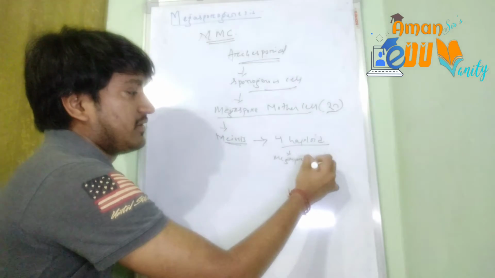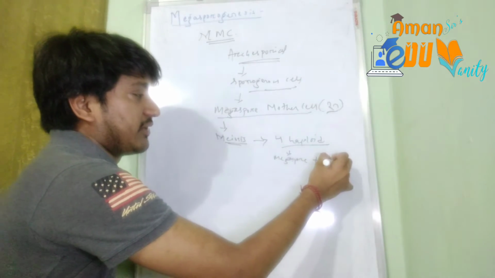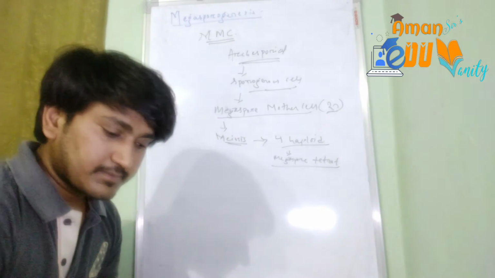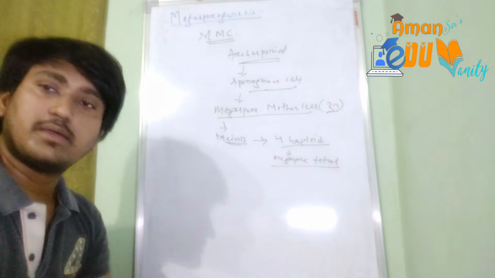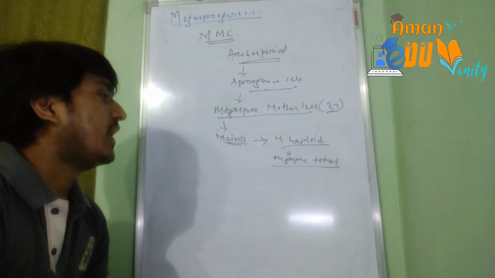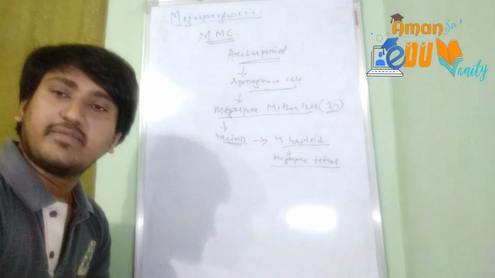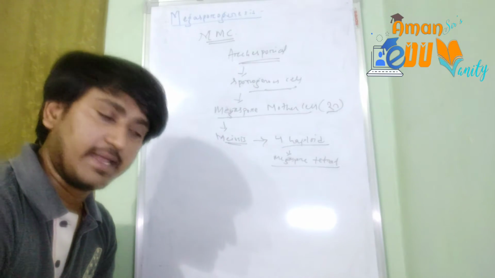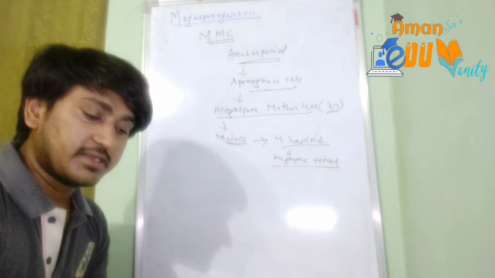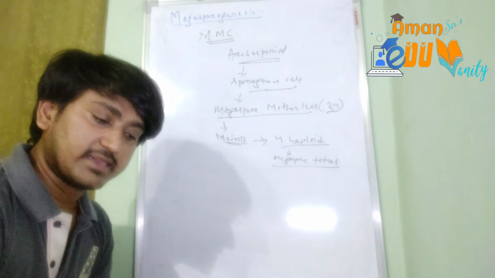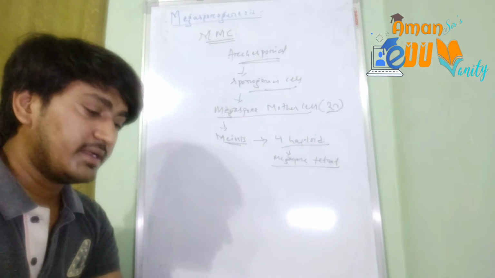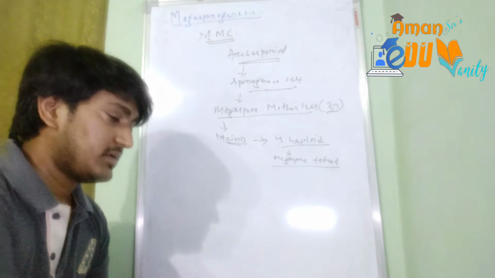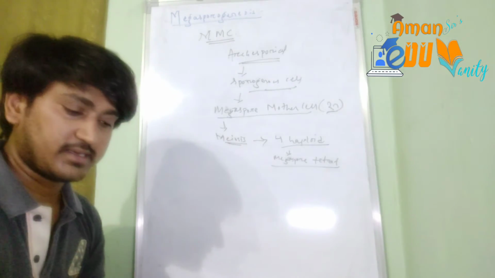We call it a megaspore tetrad because there will be 4 cells. Out of this megaspore tetrad, one will remain functional, and the other three will degenerate towards the micropylar end only. That functional megaspore will contain dense cytoplasm and a prominent nucleus, and that will further undergo the formation of the embryo sac.